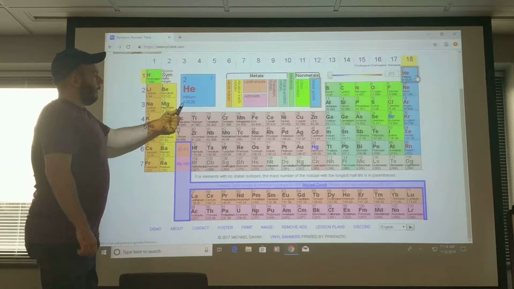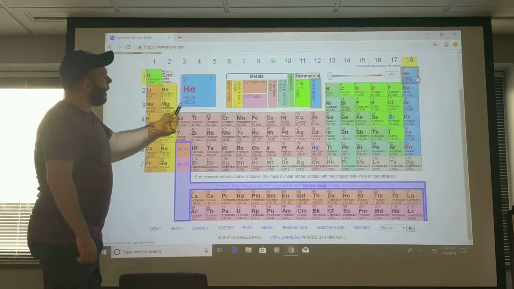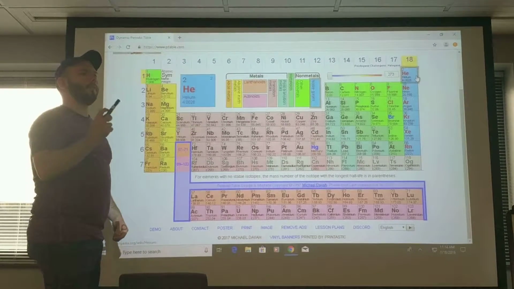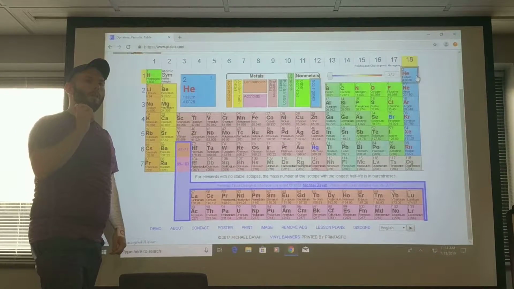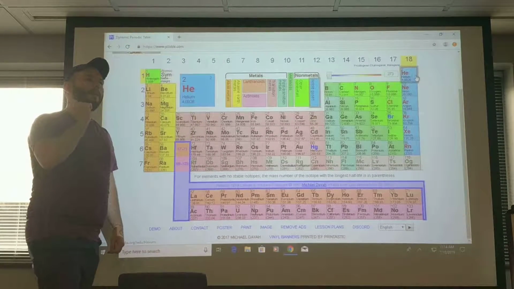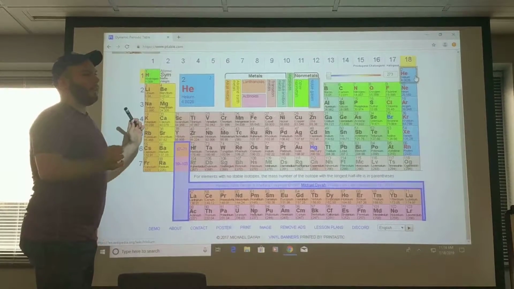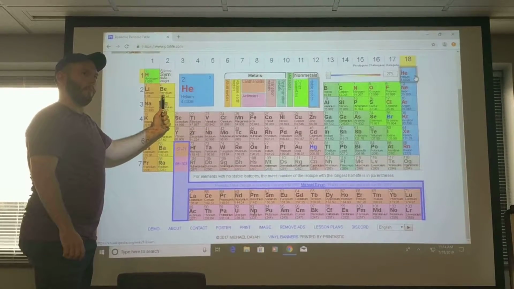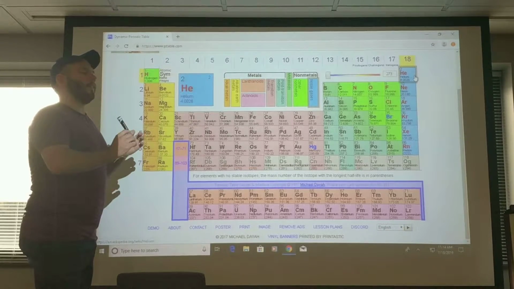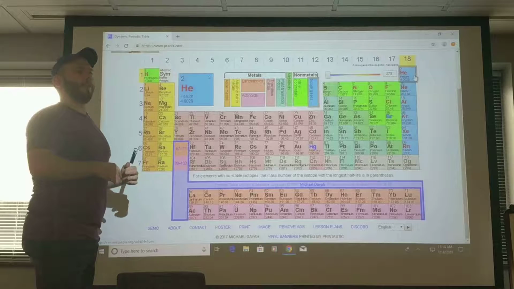The bottom number here, however, is the mass number. The mass number is the average number of protons and neutrons in an element. Now I say average number because not all atoms of helium have 4 protons and neutrons. They all have the same number of protons, but atoms can have different numbers of neutrons, so those are called isotopes.